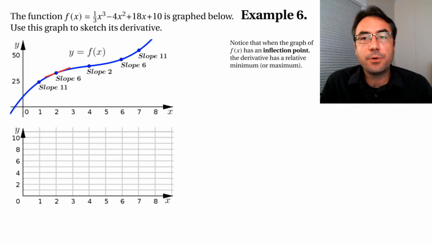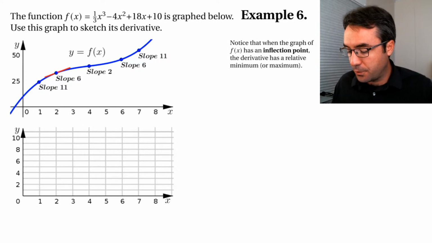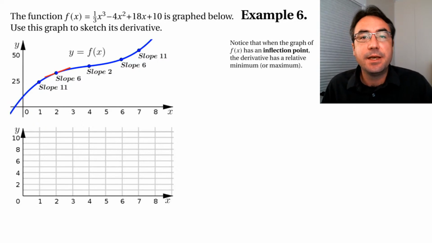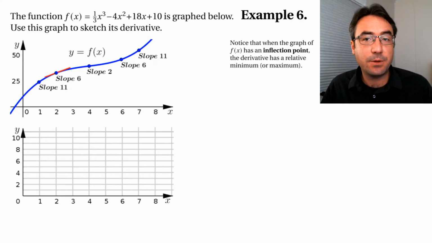So we've gone through and picked a few points along the curve and just estimated what the slope is of our curve along those points. So let's go through and plot them again, just like we did in the last example. So at x equals 1, we estimate that our slope is equal to 11.